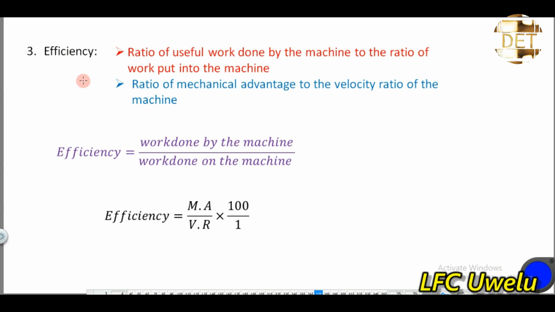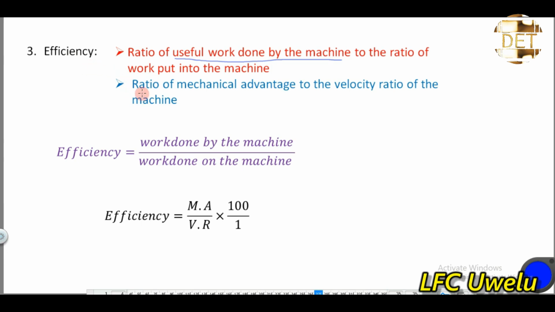So the next term we're going to look at is efficiency. What is efficiency? Efficiency is the ratio of useful work done by the machine to the work put into the machine.